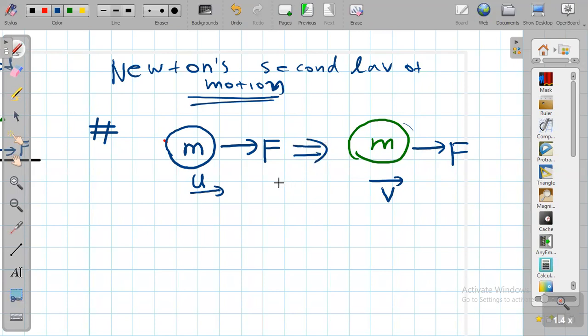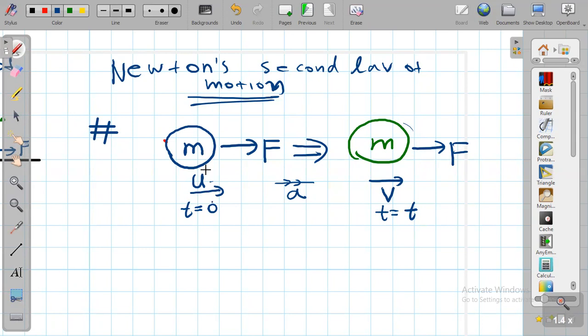So, as a result, there should be an acceleration in that u to v, because you started at the time of t equals to 0 and you finished it under the time of t equals to t.